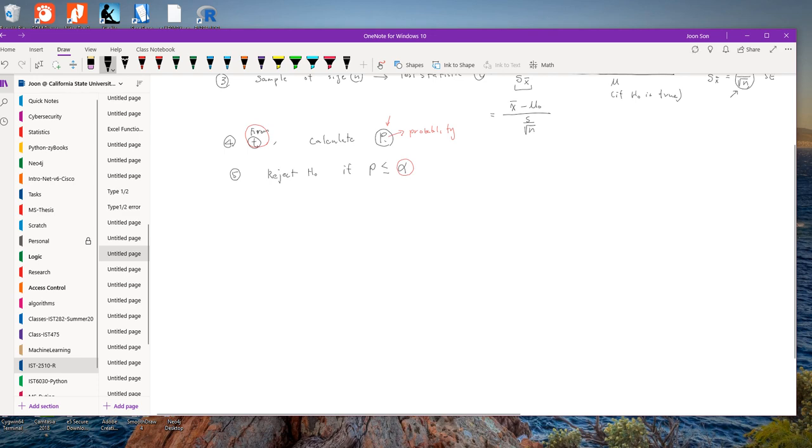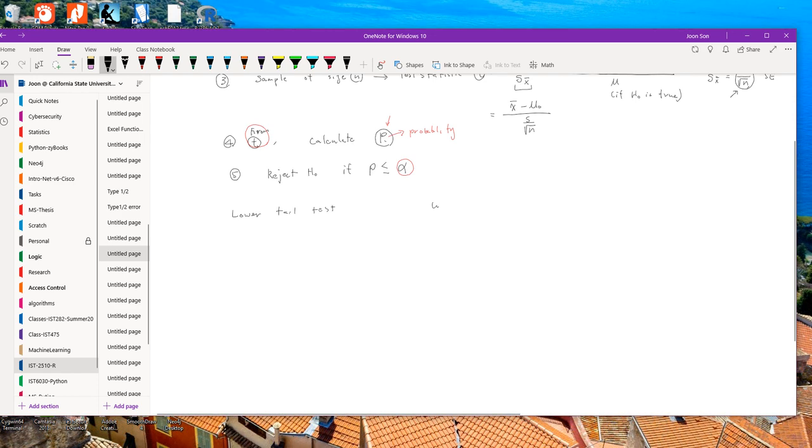First I'm going to draw the lower tail test, then the upper tail test, and finally the two-tailed test. So we have three different cases.